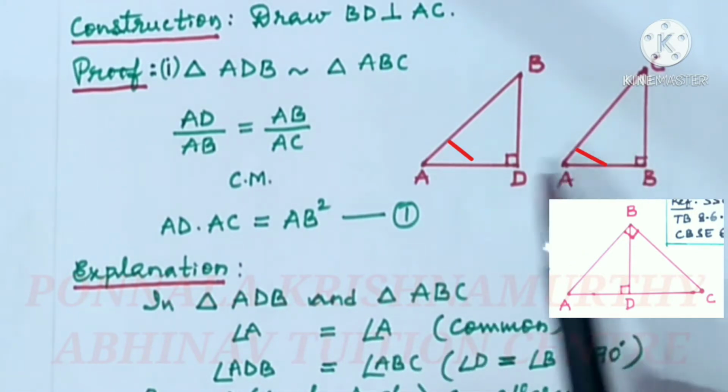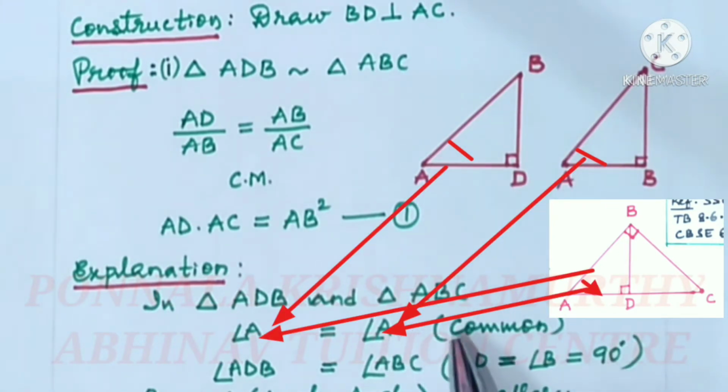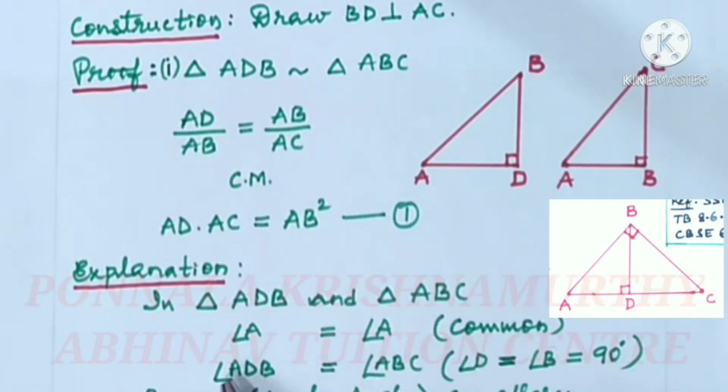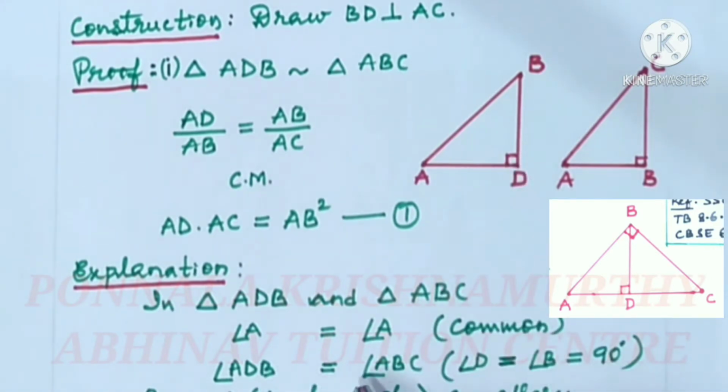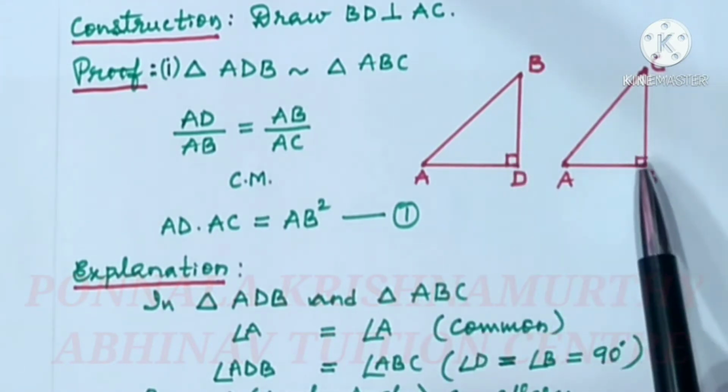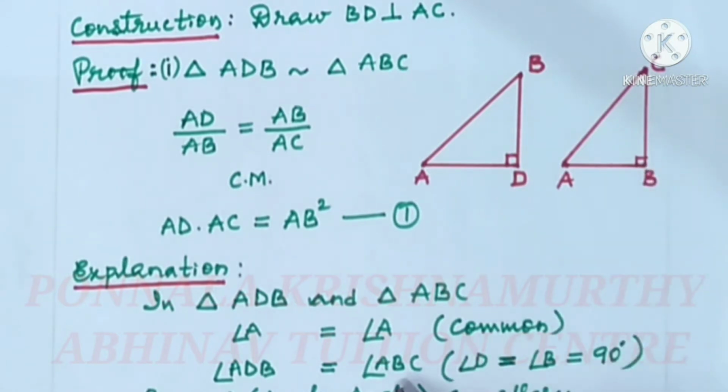These are common angles. Similarly, angle ADB is equal to angle ABC. Here angle D and angle B are both equal to 90 degrees. So these two are equal.